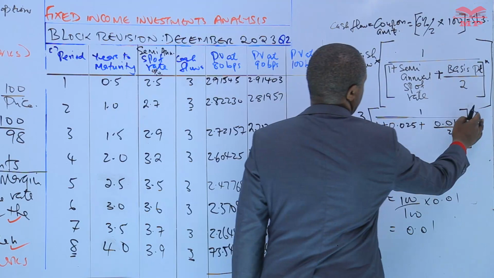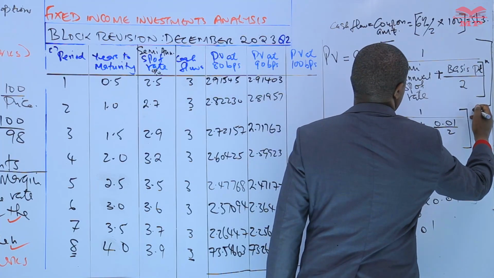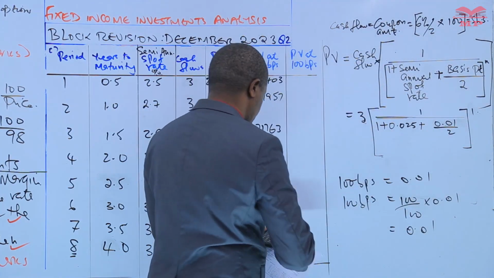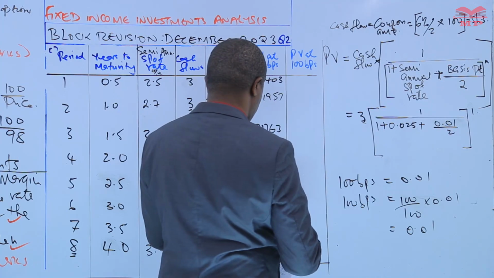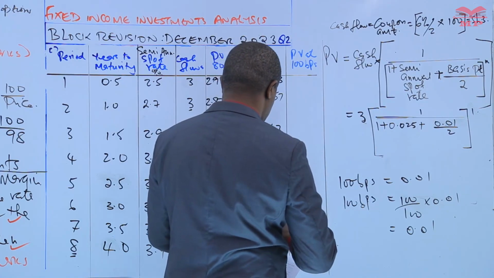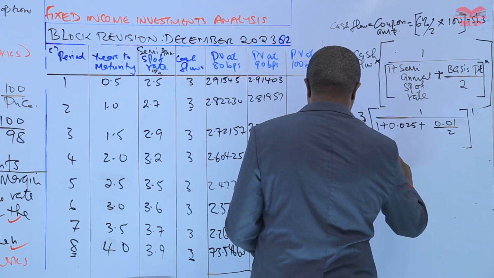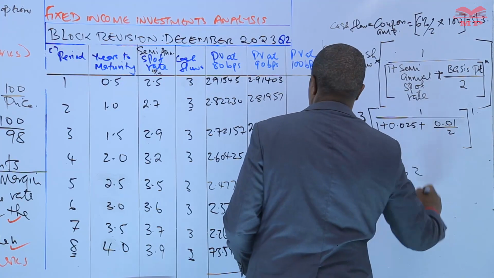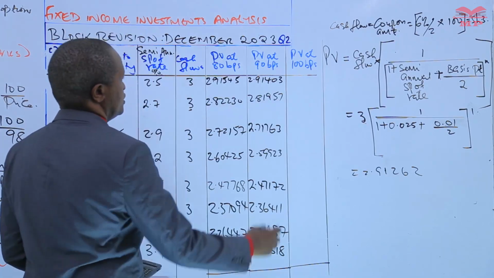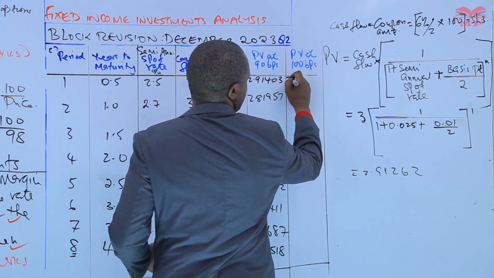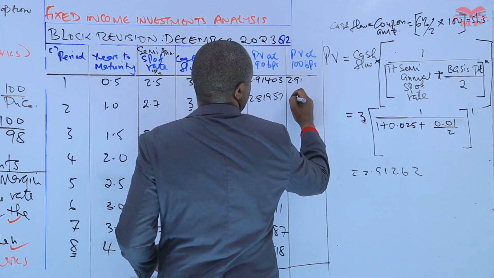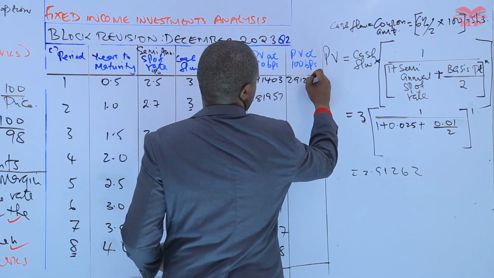And therefore, the present value for the first period will be equal to 2.91262.